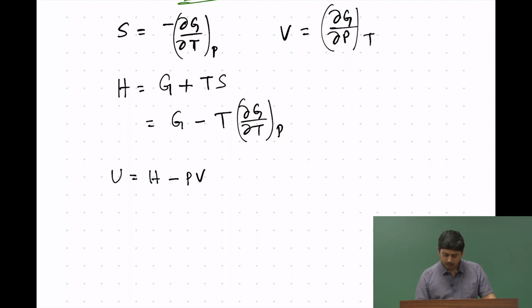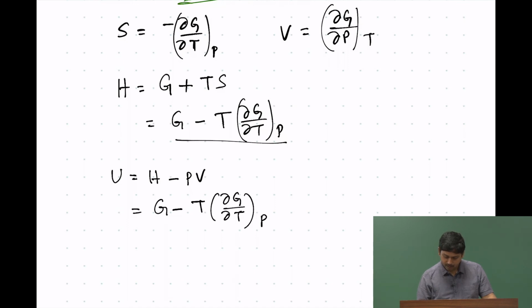So, how do you get H then? H you already have from here. So, you can write G minus T del G by del T at constant P. Now, you want P and V. So, you have V here.